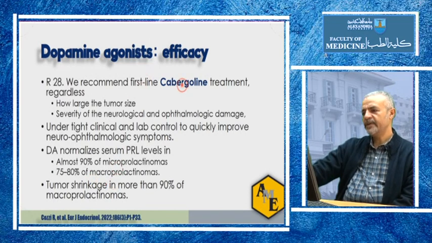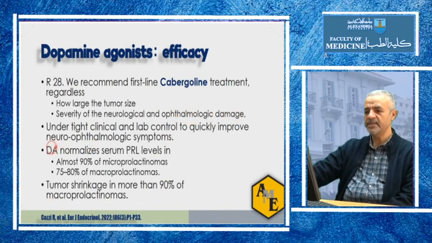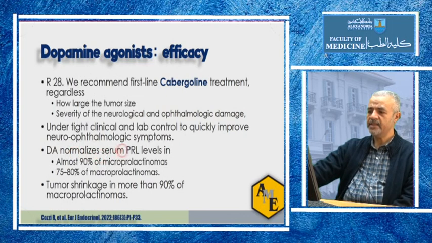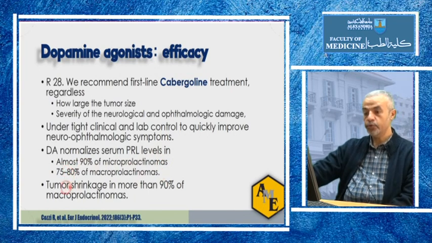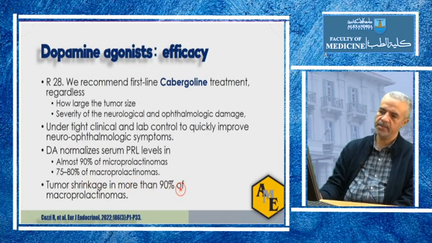The use of cabergoline as first-line treatment is recommended regardless of the tumor size and regardless of the severity of neurological and ophthalmologic damage. Dopamine agonists can normalize serum prolactin in almost 90% of microprolactinomas and in up to 80% of macroprolactinomas. Tumor shrinkage, and not tumor disappearance, can be achieved in more than 90% of macroprolactinomas.